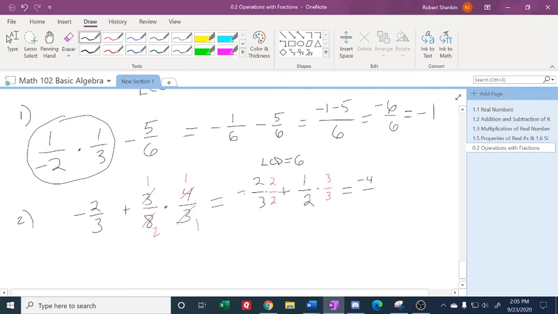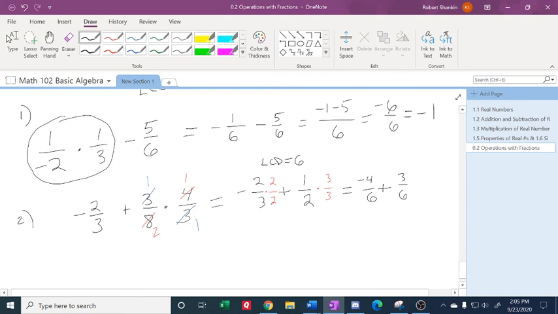Now notice I'm moving the negative sign from outside the fraction. This should be at the same level as the fraction bar, outside the fraction over the denominator. Plus 3 times 1 is 3 over 6.